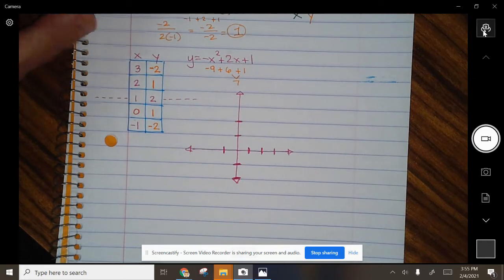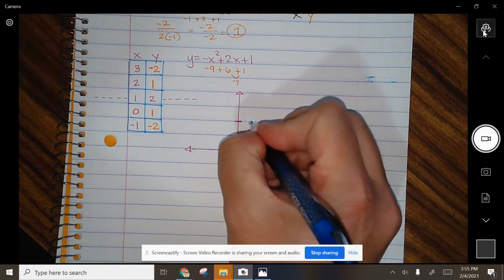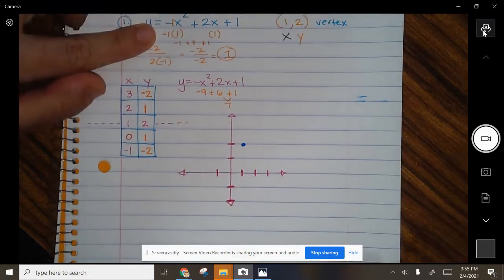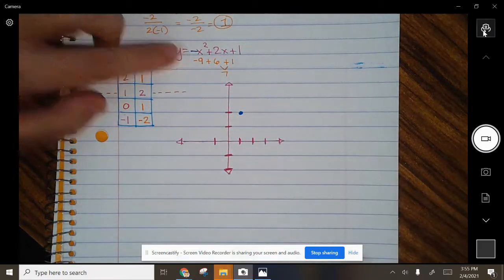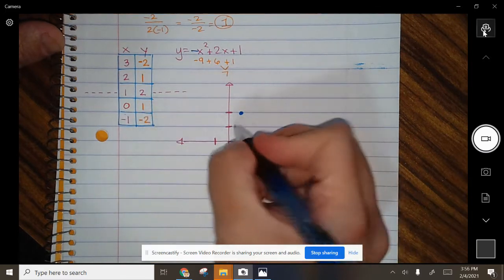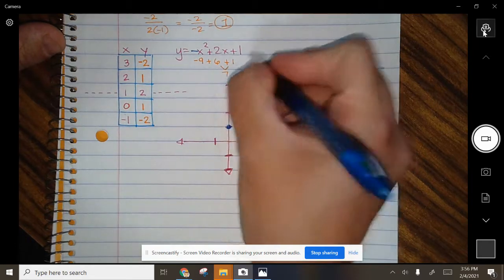All right, now let's go ahead and graph this. So 1, 2 is my vertex, over 1, up 2. Now, if we look at our A, is this going to be happy or sad? Remember, it's negative, so that means it's going to be a sad face. It's going to be a frown. Okay, and you'll see it as you graph. All right, 0, 1. And what is this called? Our y-intercept.